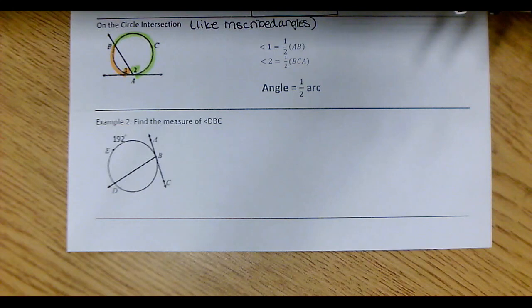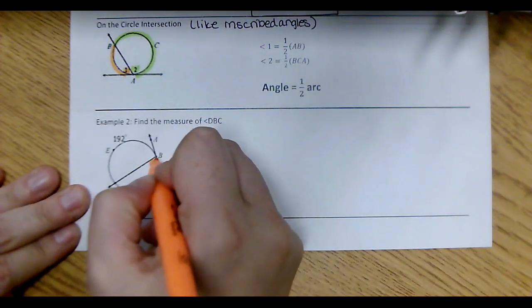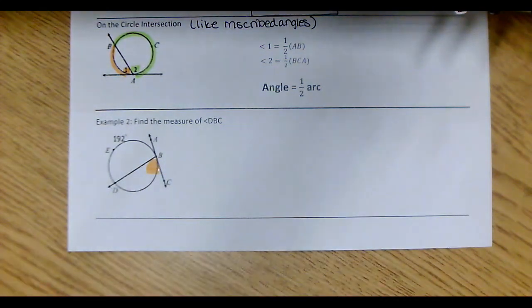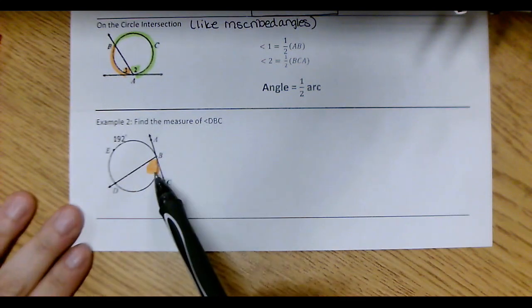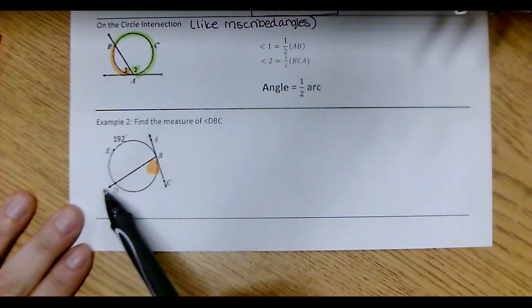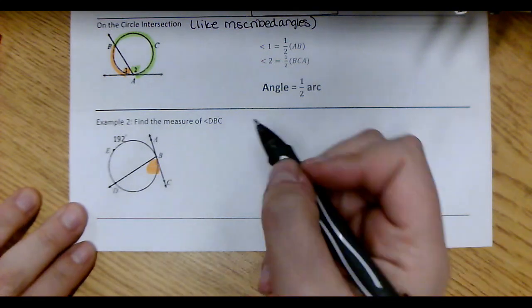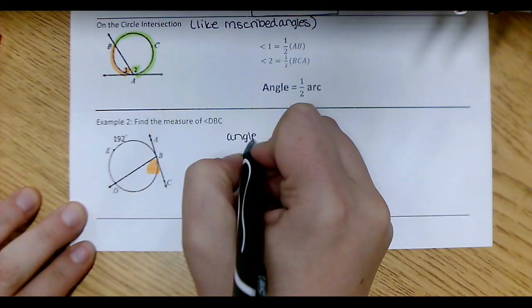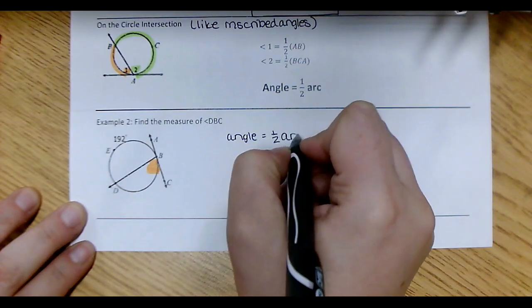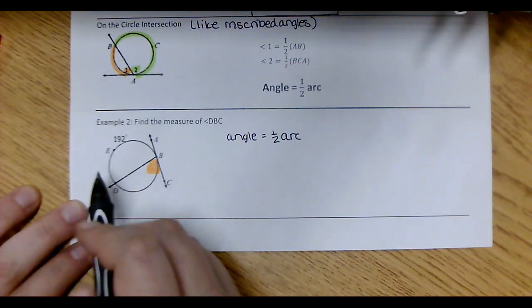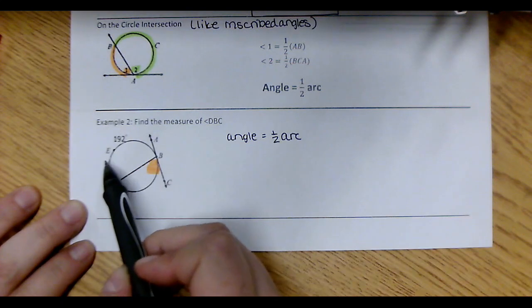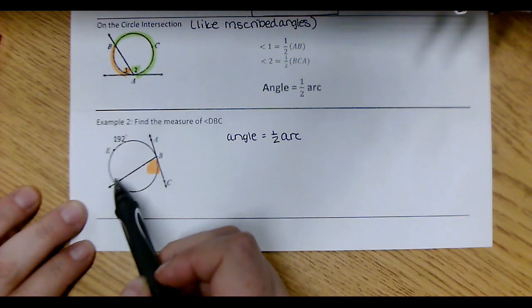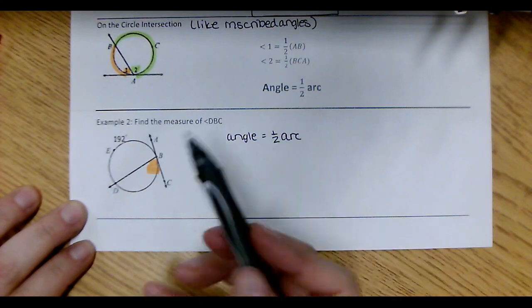So example number 2, we want to find the measure of angle DBC. So DBC would be this angle right here. Well, in order to be able to find that angle, I need the arc that goes along with it, right? Because our angle is 1/2 of our arc. But I have the arc that's on the other side of that angle. Well, we've been doing this for a while.